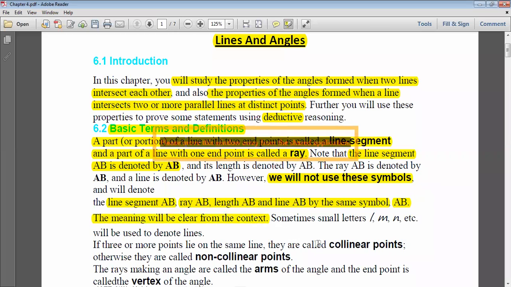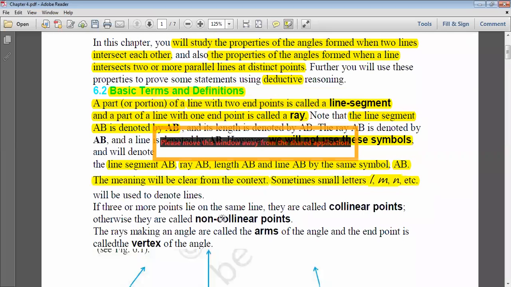Sometimes it will be specifically mentioned in the textbook questions themselves, so we don't get confused. And sometimes we may use small letters l, m, and n as well.